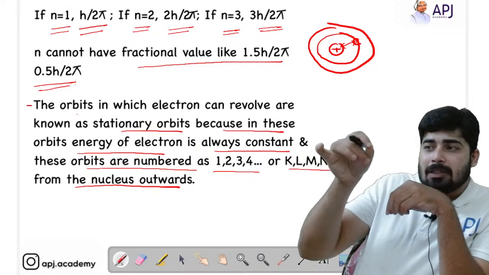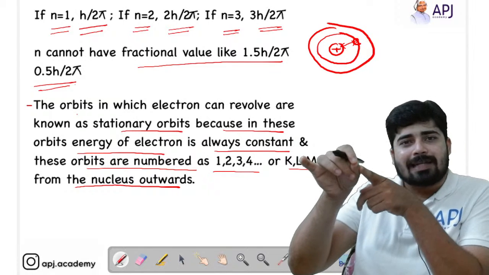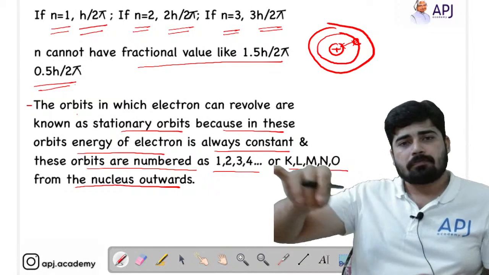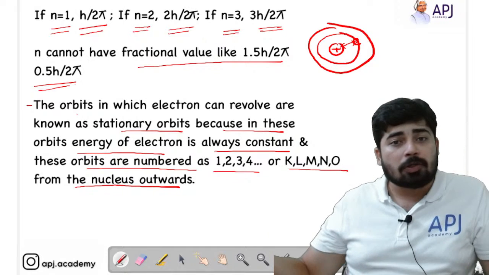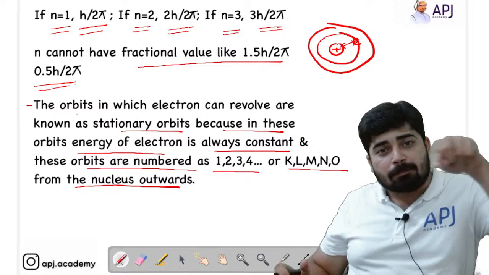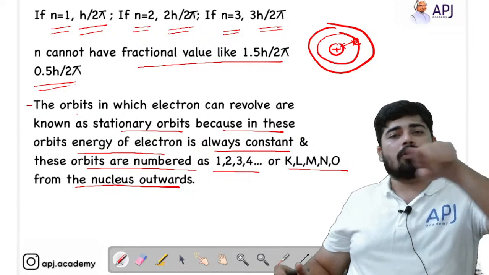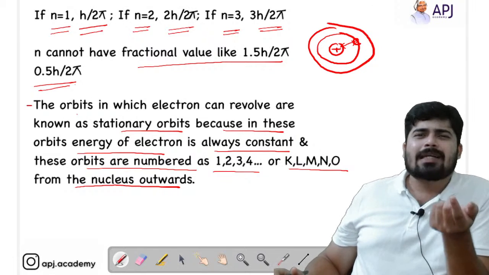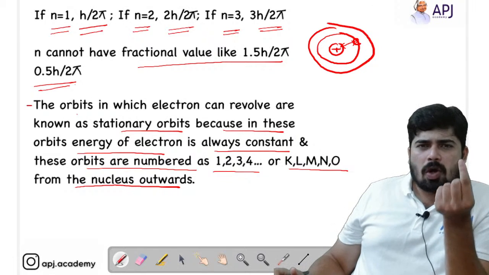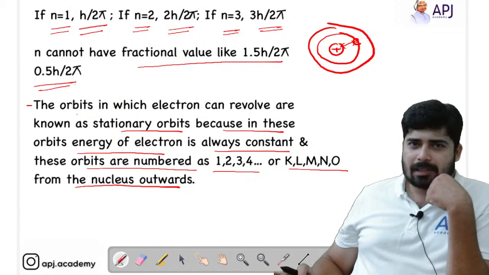And when an electron is placed in a constant energy field, because of the presence of this energy field, the electron moves. That means the electron is not utilizing any of its energy. It is the energy field present in this orbit that pushes the electron to revolve around it. So is there any case of energy loss for the electron? No. Is that clear, students?